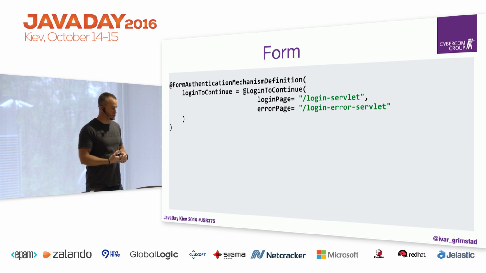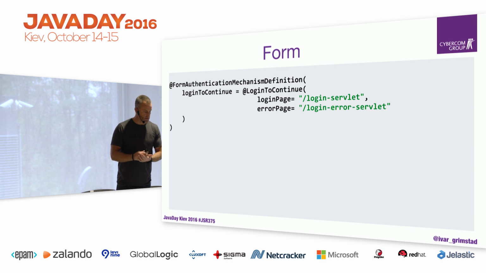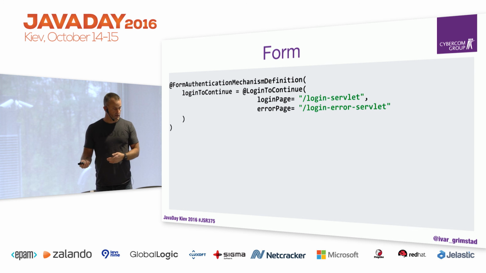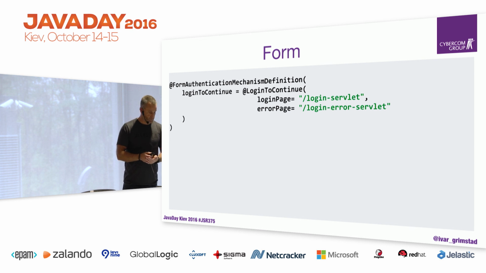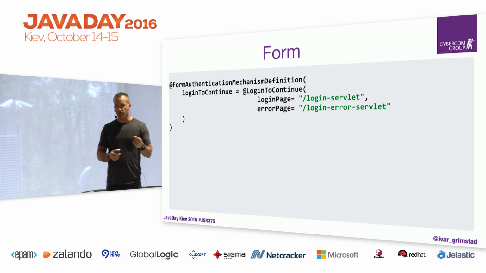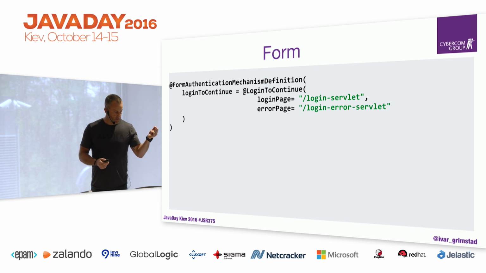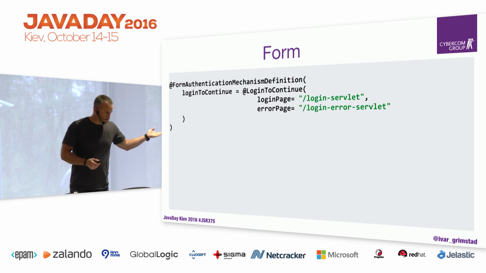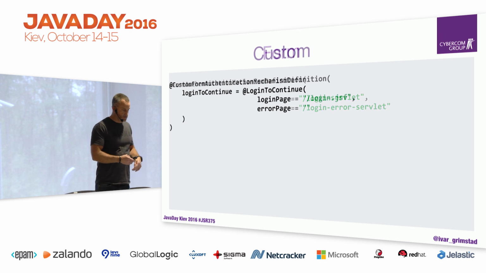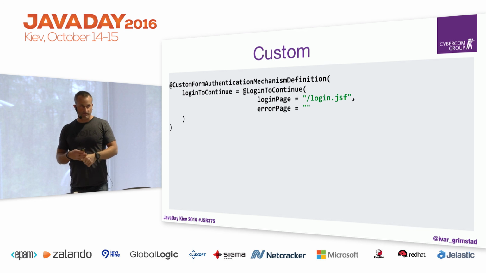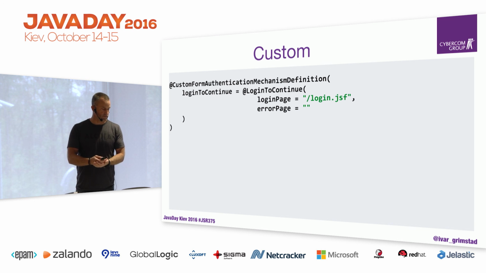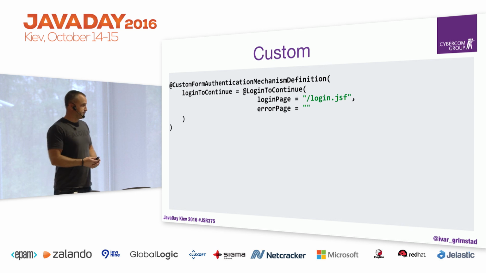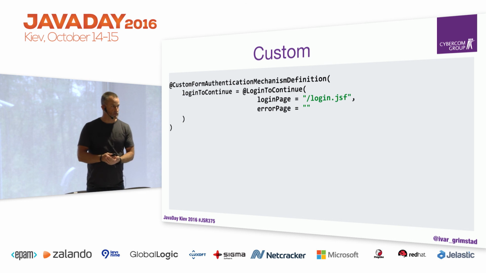So we want to be able to annotate your method with a form-based authentication definition, and say which login page or error page you are using. Or if you don't want to use the default form-based one, you can also have a custom form authentication mechanism where you create the form yourself. These are a couple of things that we have created examples for and implemented in the API, and it's possible to add more afterwards.